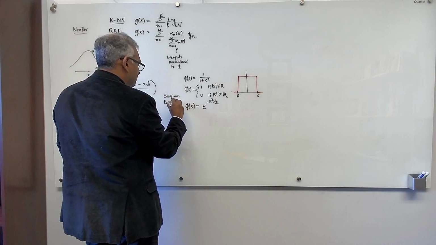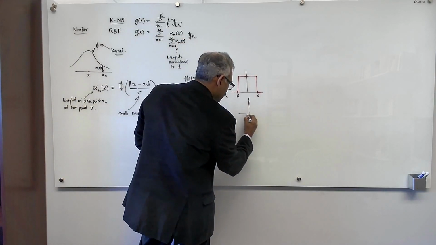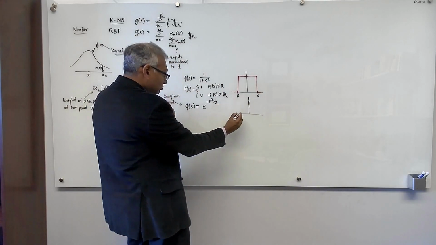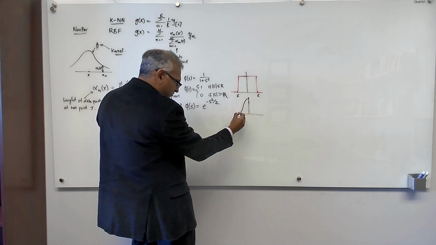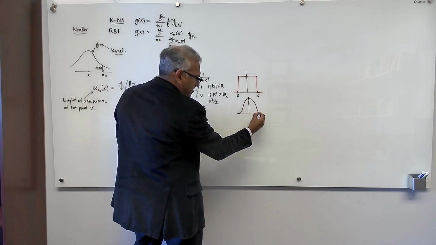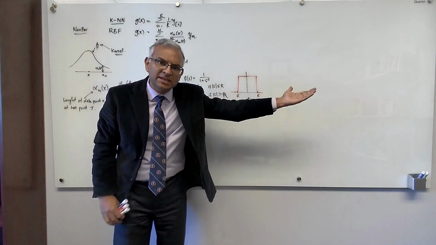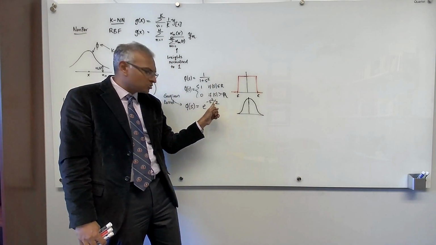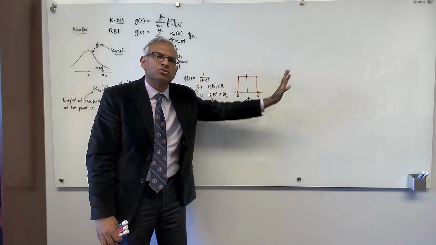Let me show you what that looks like. Here's your test point x at s equals 0, and as you move away from the test point, here's the maximum, and it drops very fast. It doesn't ignore any points, but once the argument goes beyond 1, or for example beyond 5, you're basically weighting those points as 0.